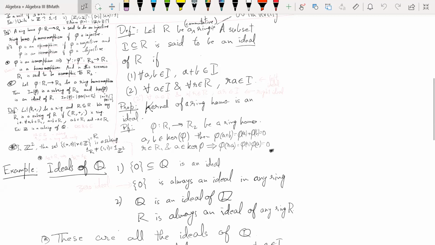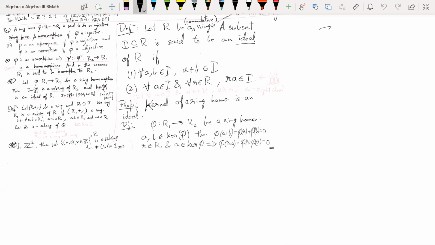For instance, you can take Z cross 2Z. Z cross 2Z won't have an identity because I've sort of artificially removed the identity.